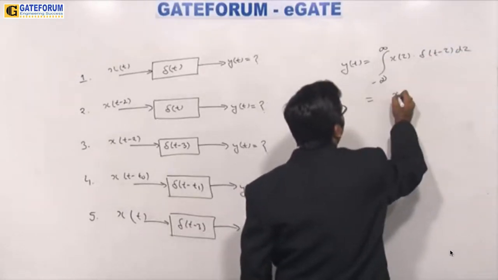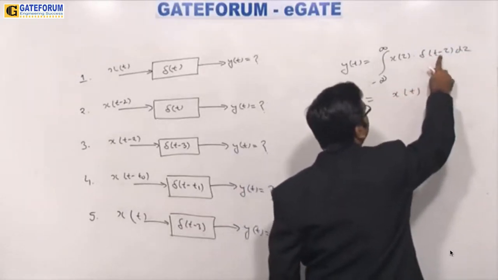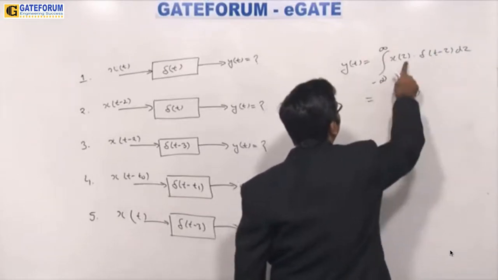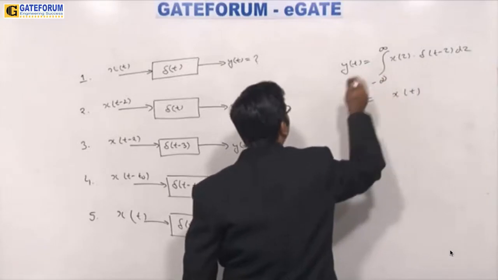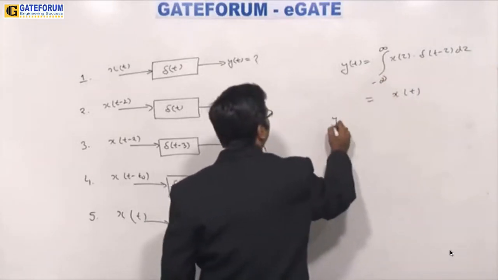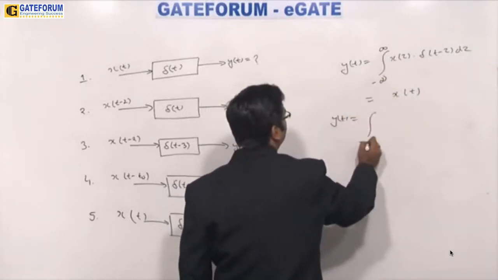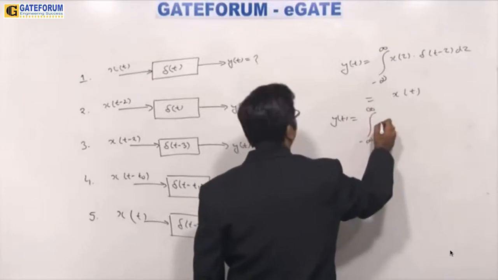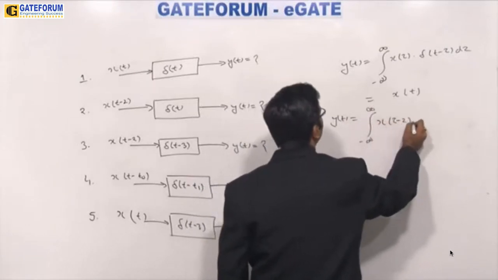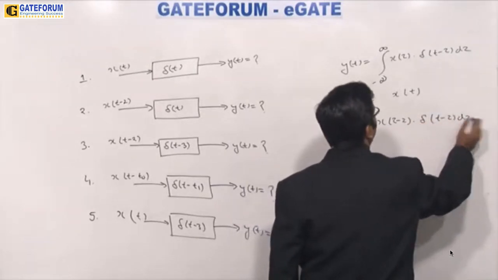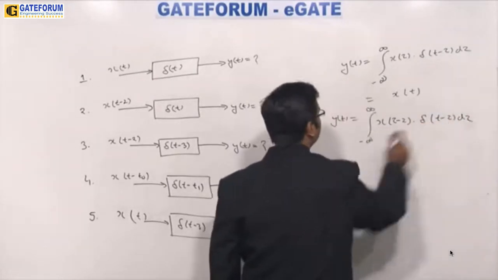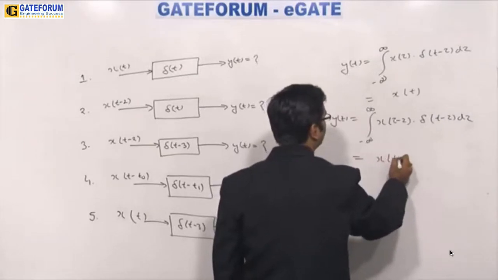So this becomes x of t, because substituting t naught equal to t here, you will get x of t. Second case, y(t) equals the integral from minus infinity to infinity of x(tau minus 2) delta(t minus tau) d tau. Here t naught is again t. Substitute here, you will get x of t minus 2.